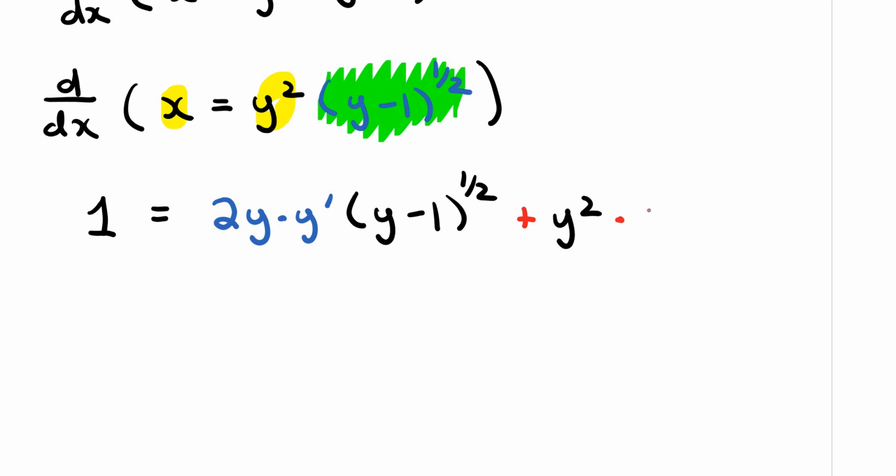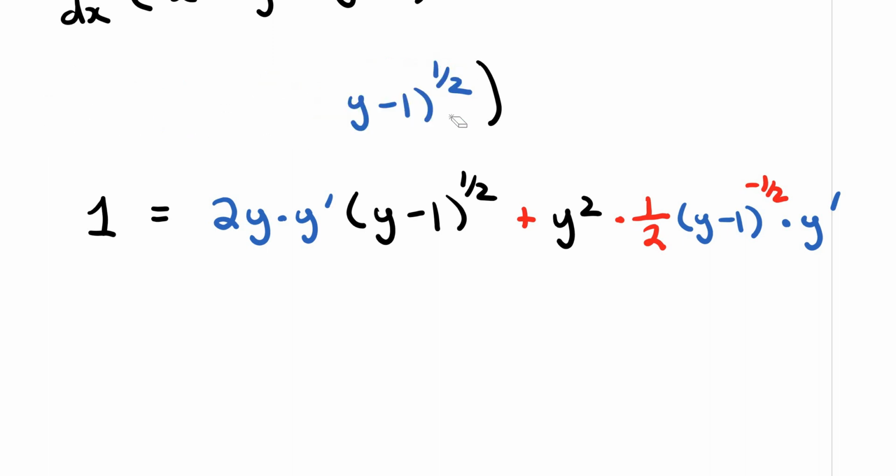Alright, so if I multiply by the derivative, I get the 1/2 in front, and then the y minus 1 remains to the power of negative 1/2, and then we just times by y prime.